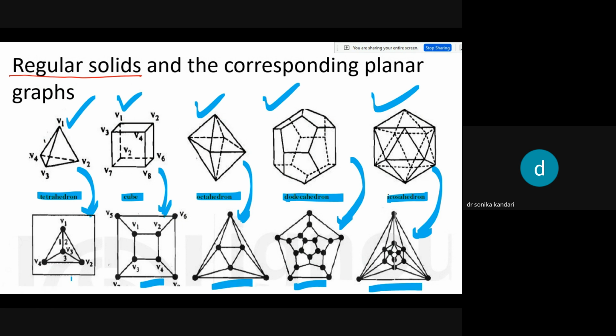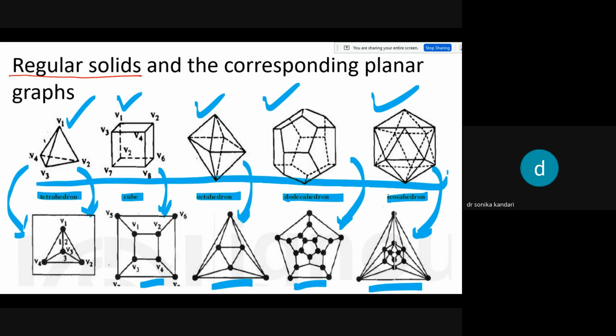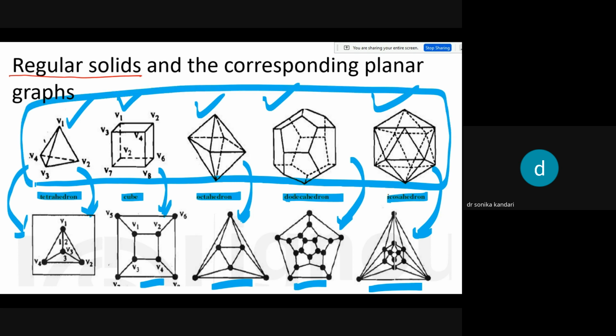Is it clear, class? You have represented the tetrahedron like this, yes or no? So all these are planar graphs because they can be drawn like these.